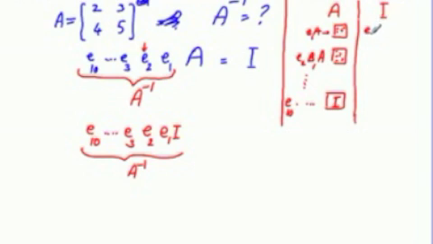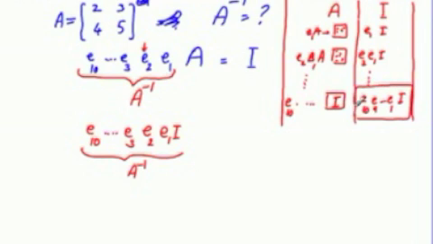So I have E1 applied to the identity. I'll keep track of it here. Then E2 applied to whatever I had before is going to show up here. Until at the very end, E10, E9, and so on, all the way to E1 applied to identity is going to be here. And then what is going to show up at this stage is just our promised A inverse.